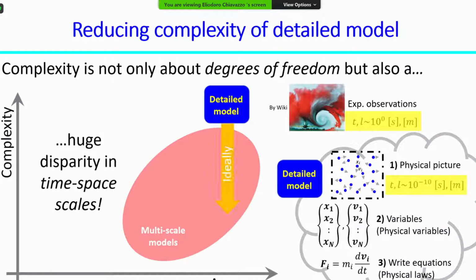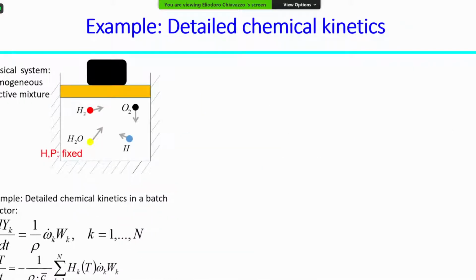So the question is: is it possible to really get rid of all the very fast and very small space and time scales, still keeping the same level of accuracy in the high-level observation, or at least paying a very little price, while significantly reducing the complexity? I will give you an example.